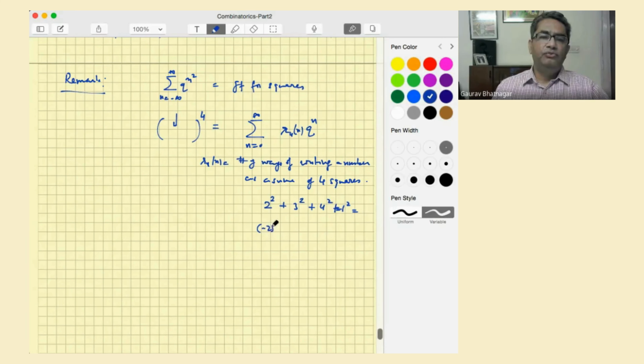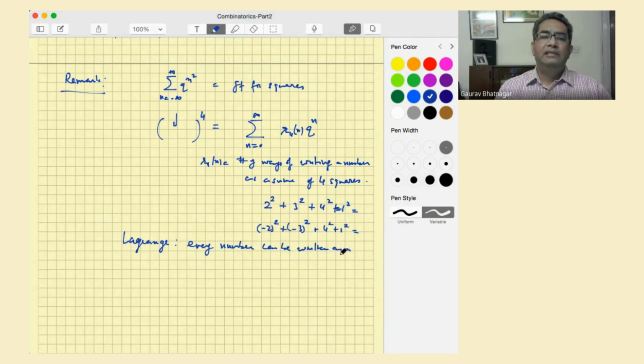You allow for minus 2 squared, plus minus 3 squared, and so on. So this includes all these different representations because you're taking the minus sign too, right? And this is a classic problem known as Lagrange's problem, that every number can be written as a sum of 4 squares. Okay, so i.e.